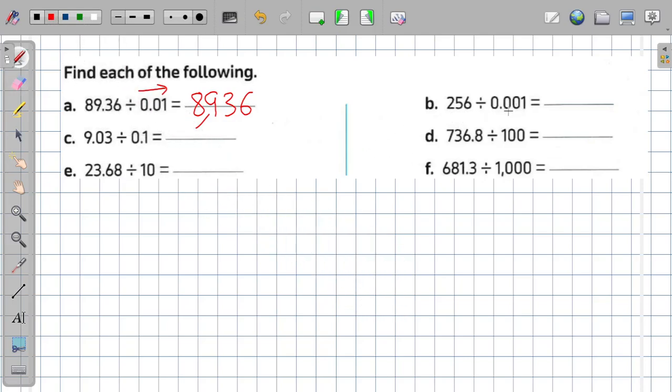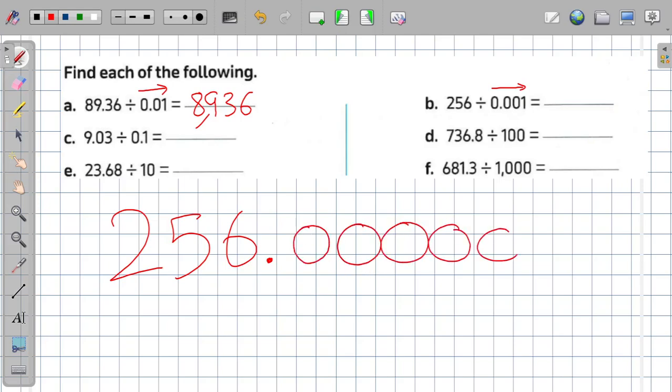Next, I have 256 divided by 0.001. Okay, so I will move the decimal point to the right. So I have 2, 5, and 6. And the decimal point will be right here after 6. So I don't have any digits right here. So I will add some zeros like this. Okay, so I will move the decimal point to the right. So I will have 1, 2, 3.